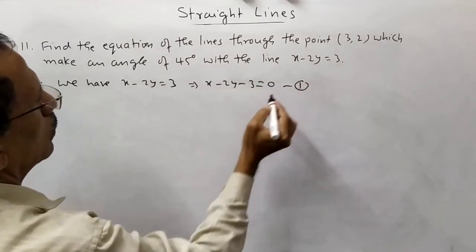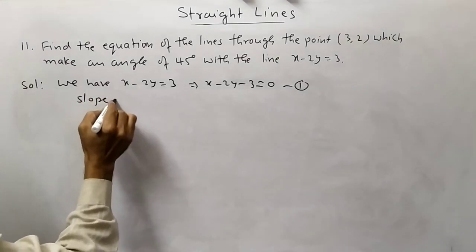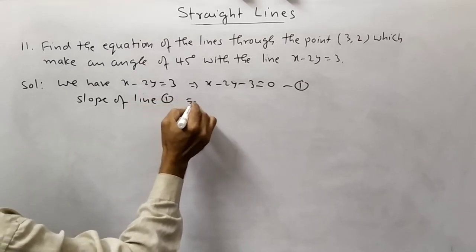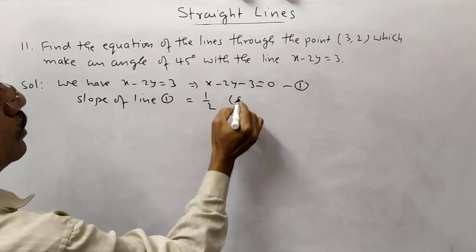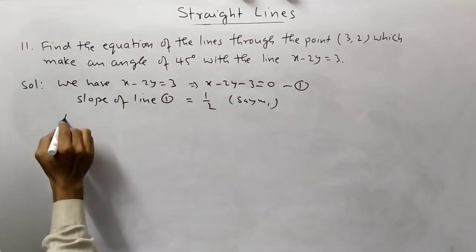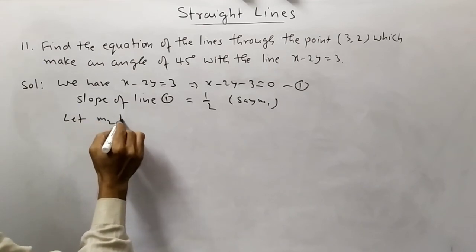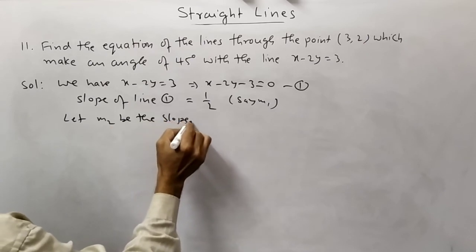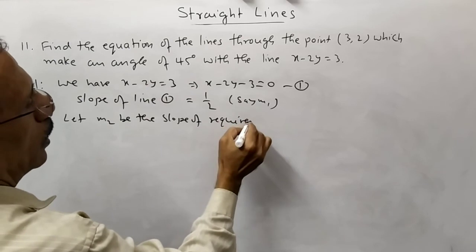Say number 1. Slope of line 1 is equal to 1 by 2. Say m1. Let m2 be the slope of a required line.